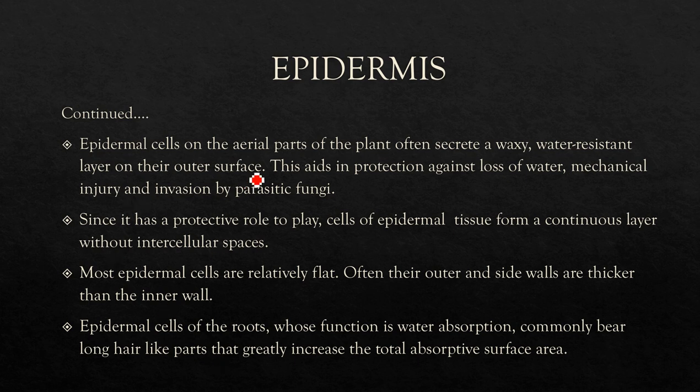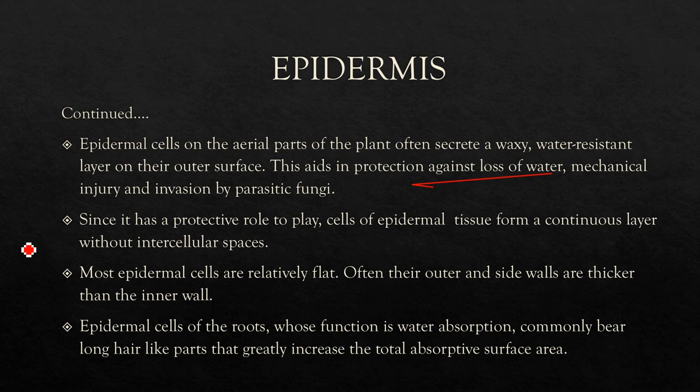So epidermal cells on aerial parts of the plant often secrete a waxy water resistant layer on their outer surface. This will help in protection against water loss, and it will also protect the plant from mechanical injury. It also protects the plant from parasitic fungi coming inside or invading the plant.